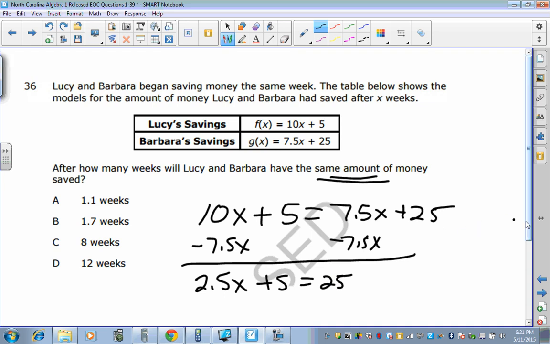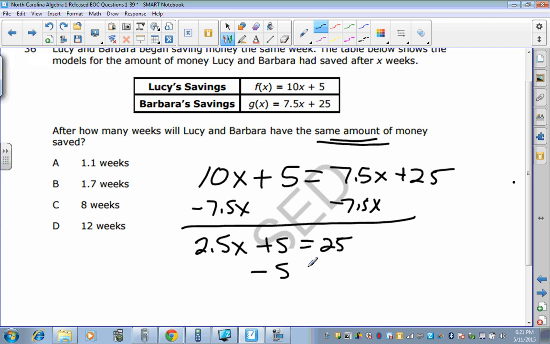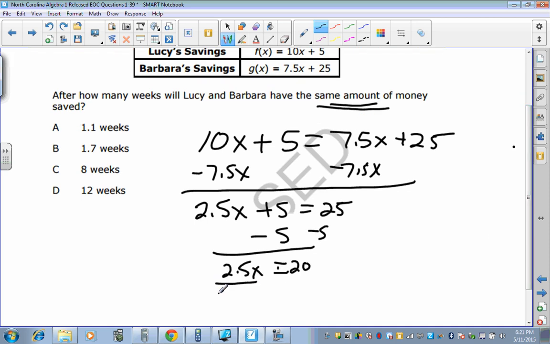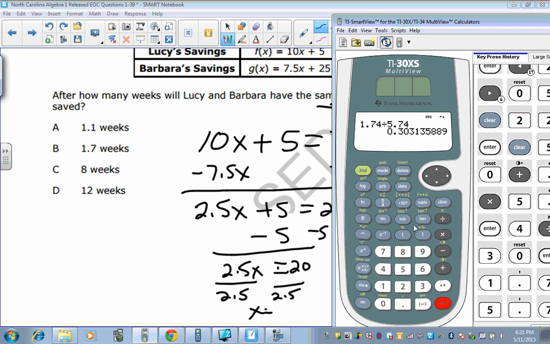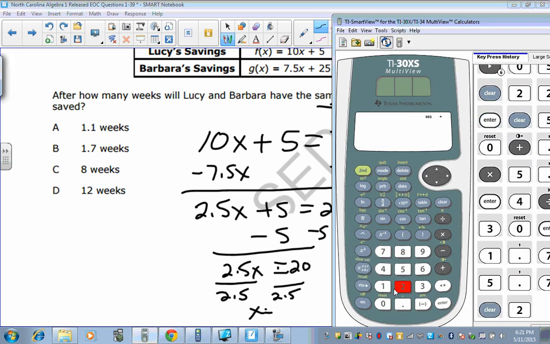And then the next step is to subtract 5. 2.5x equal to 20. Divide by 2.5. And so you've got 20 divided by 2.5.